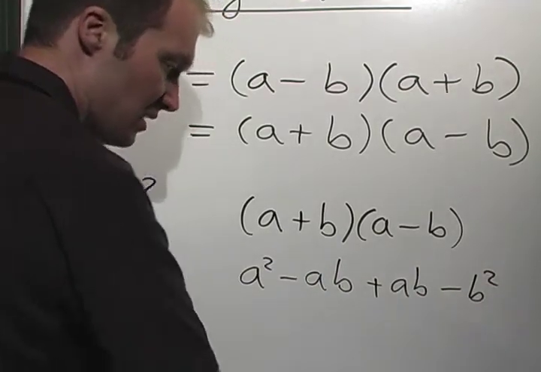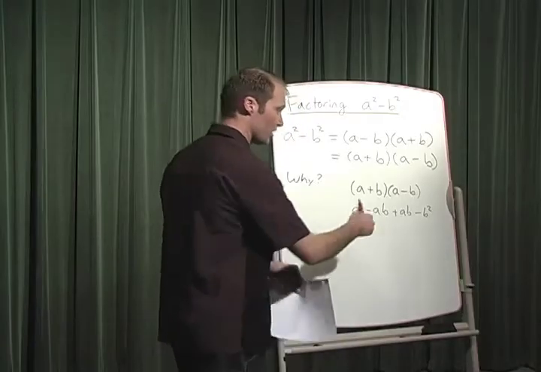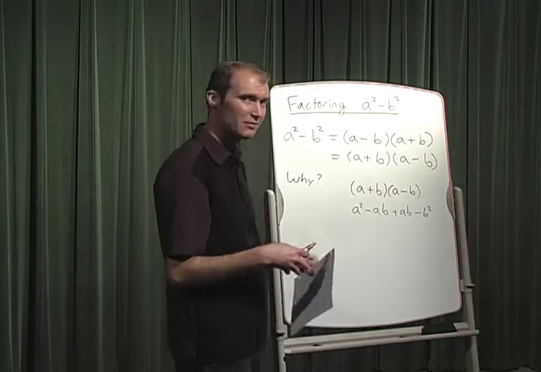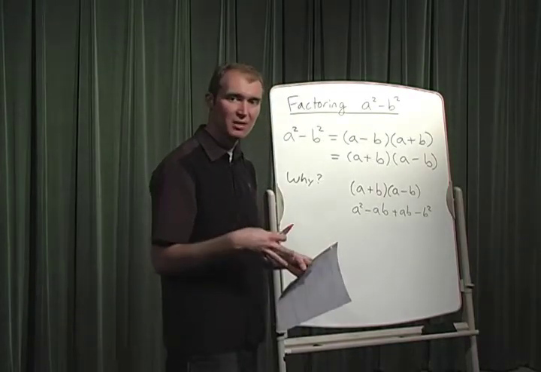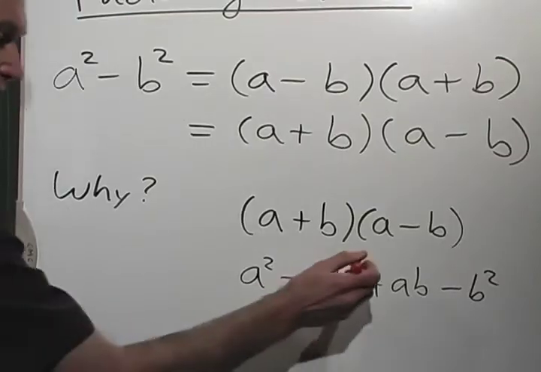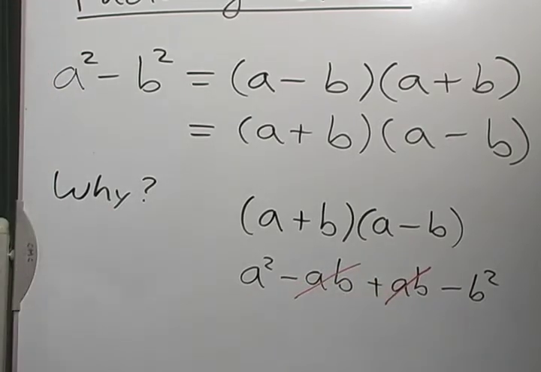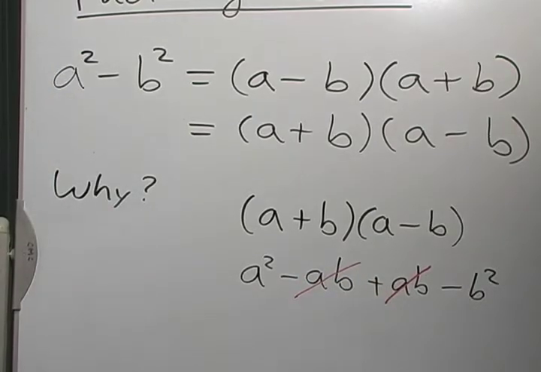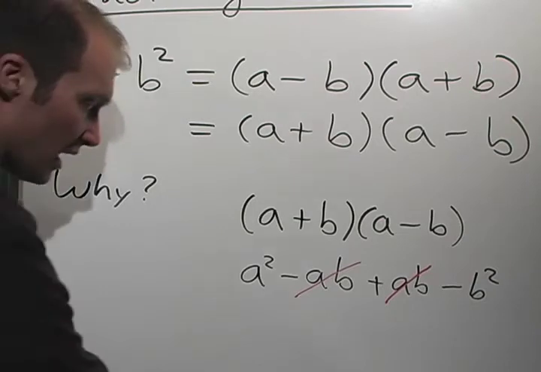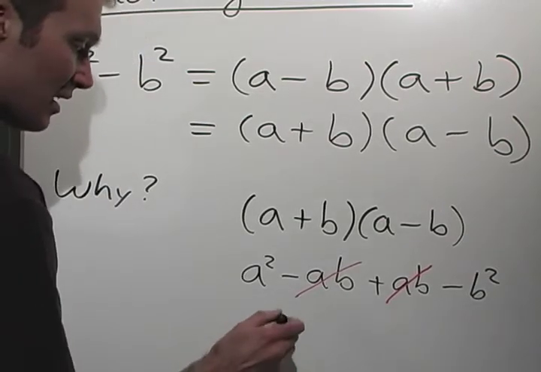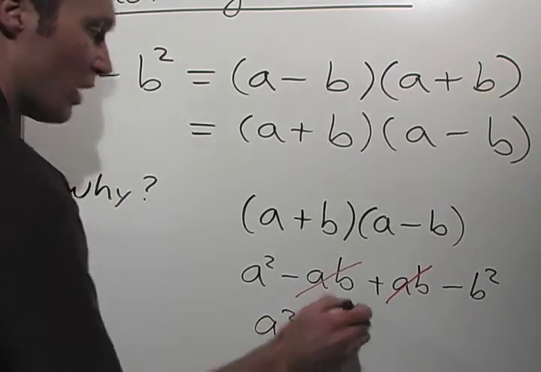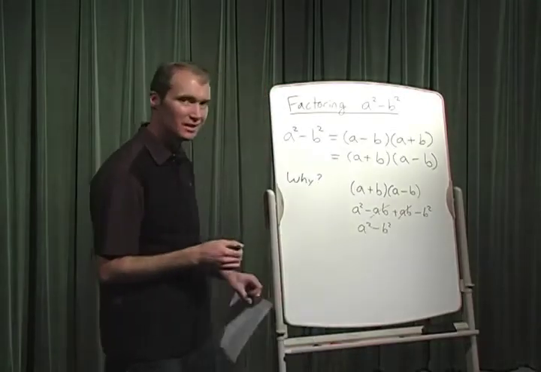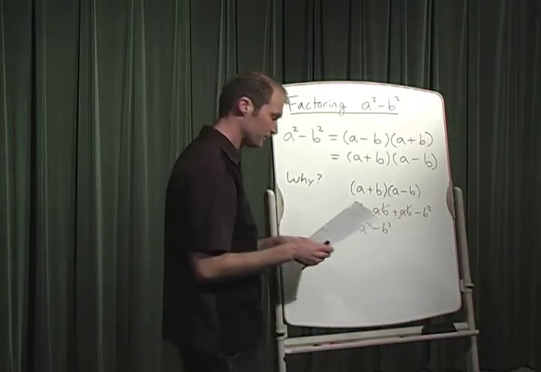Well, because these two binomials are exactly the same, except for one of them says plus and one of them says minus, the middle terms will always cancel each other out, leaving me with just a squared minus b squared, the very thing that I wanted to factor.